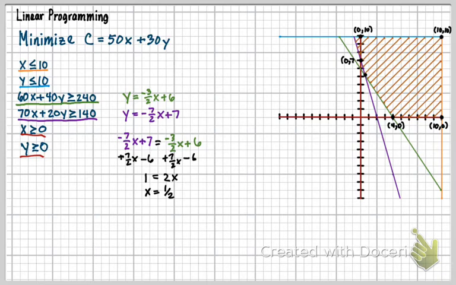So then I just take that and plug that into any one of the two equations. I'll plug it into the top one here, because it doesn't matter which one I plug it into. So then my y is going to equal negative 3/2 times 1/2 plus 6. And that's going to be negative 3/4 plus 6 over 1.